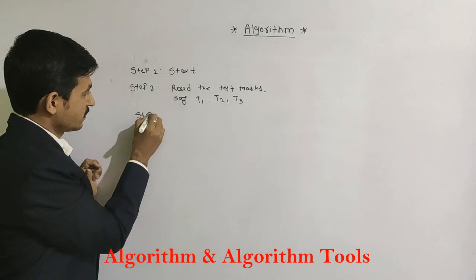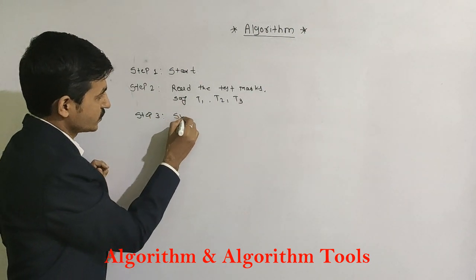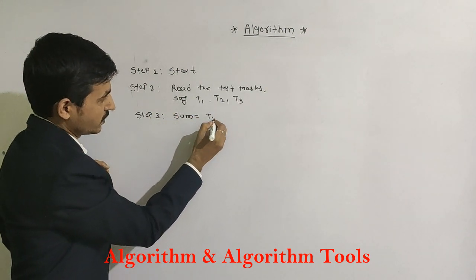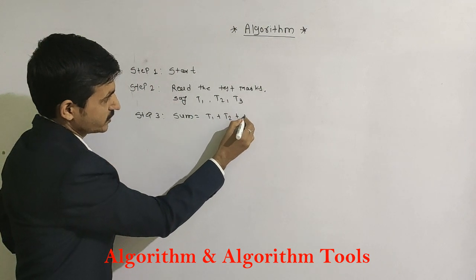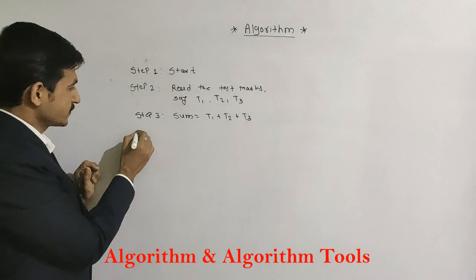Then we have to perform the sum of those tests. So sum is equal to T1 plus T2 plus T3. So we'll perform the sum of those test marks.